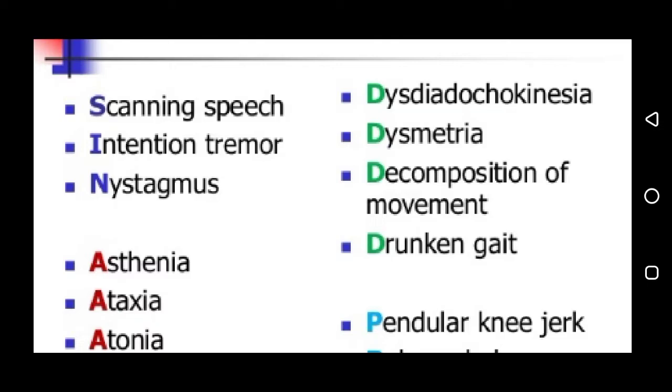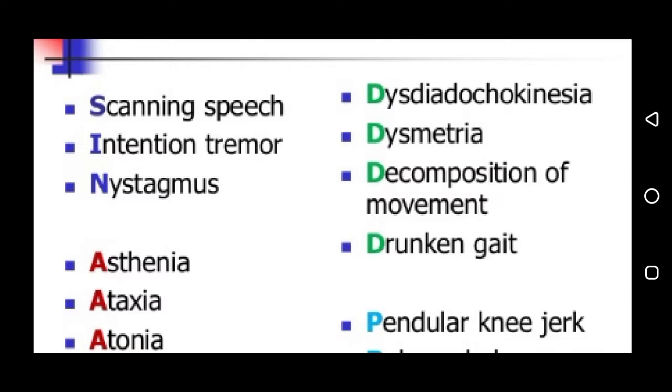Unlike Parkinsonism, in which there is resting tremor, that means it occurs at rest, in cerebellar lesion the tremors are absent at rest and present during movement.